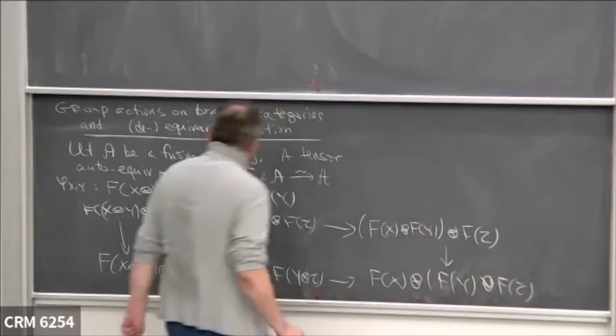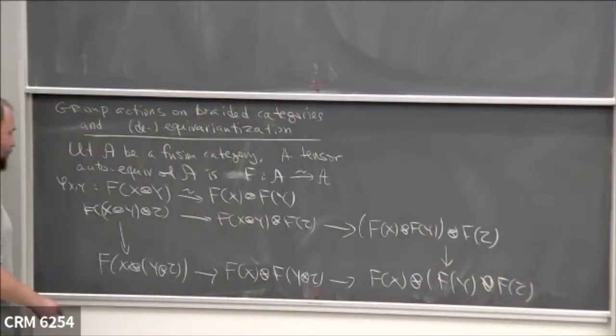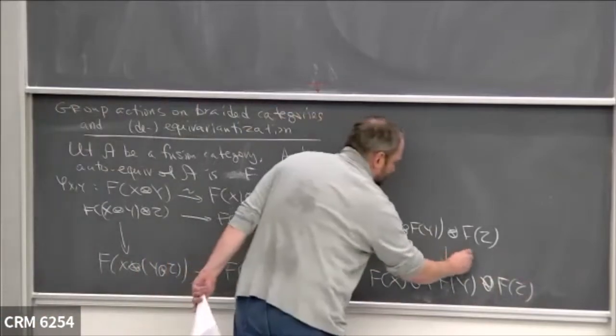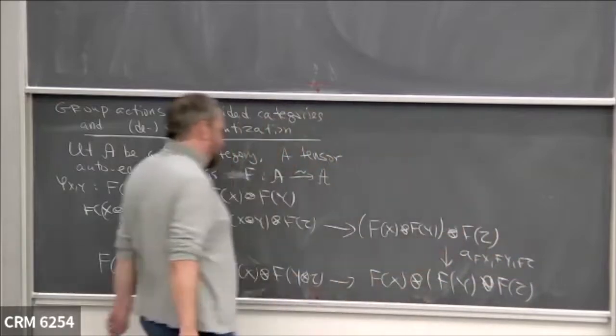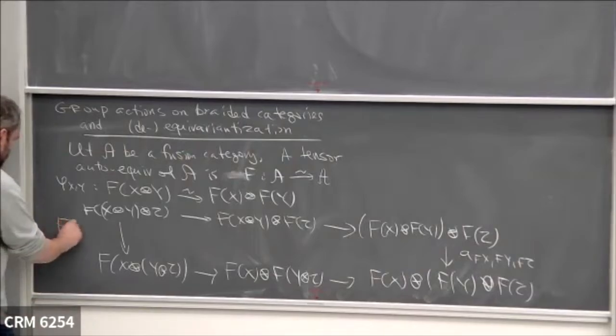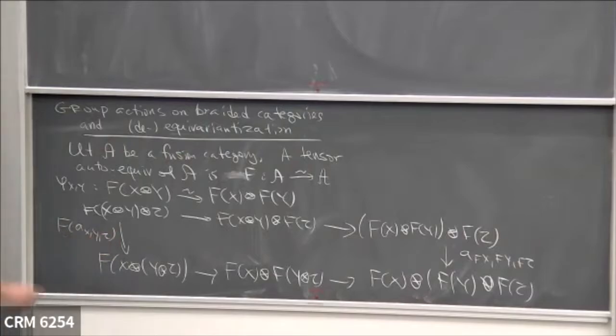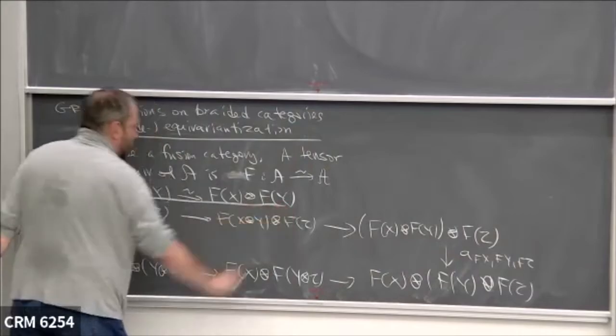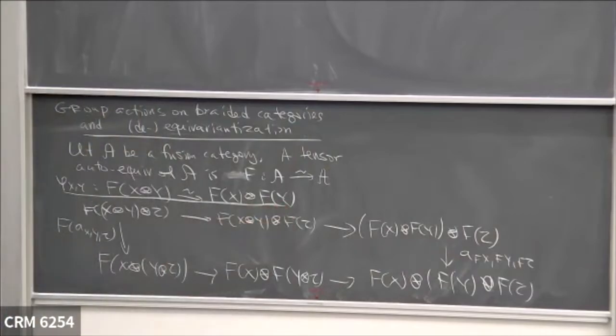Okay, so what are the arrows? So here the arrow is the associativity constraint, right? Because what happens in the right vertical arrow is that we are shifting a parenthesis. So here it's F applied to the associativity constraint of the category, and the horizontal arrows are instances of this tensor structure, right?